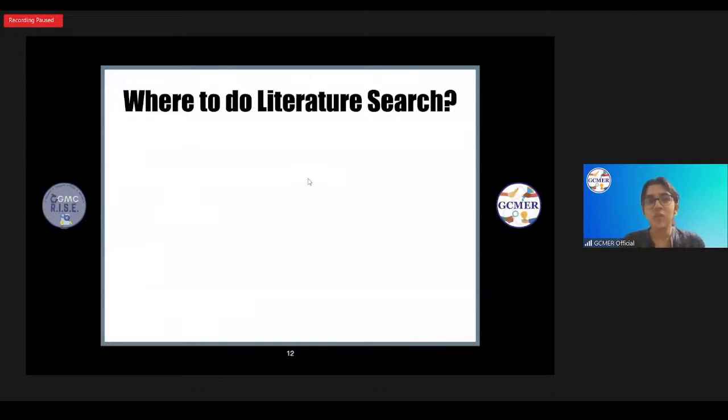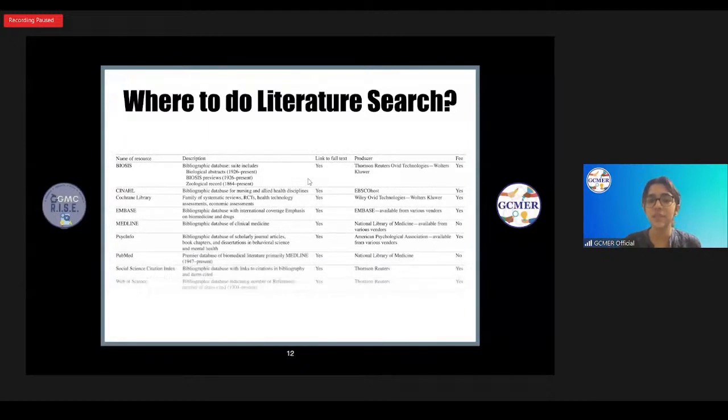So now, of course, I've told you how important literature search is, but where can you do it? You can always do it on these databases, starting from Biosis to CINAHL, Cochrane, Embase, Medline, PsycInfo, PubMed, Social Science Citation Index, and Web of Science.